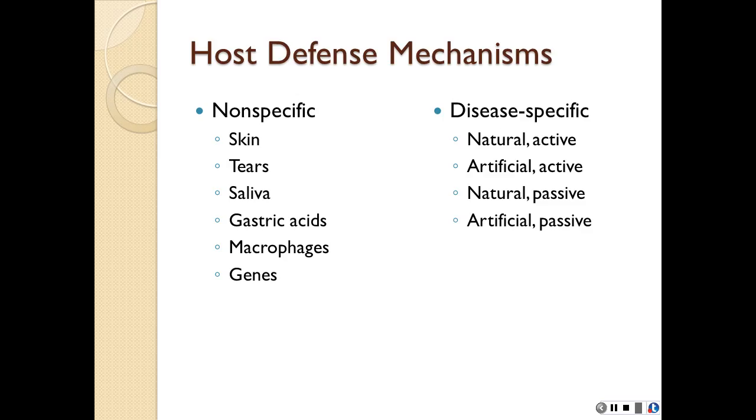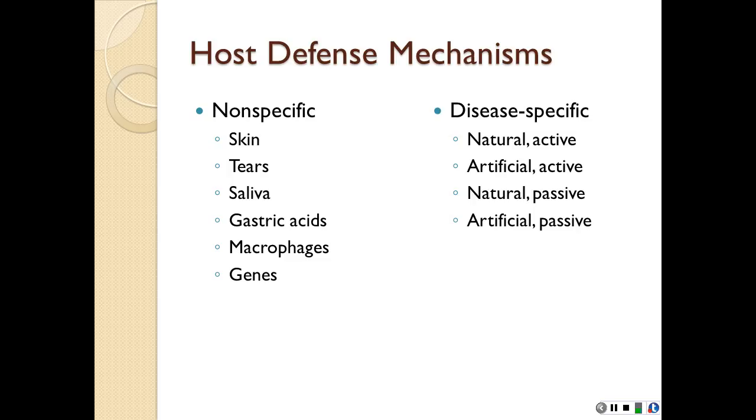Now, we, and every animal, have host defense mechanisms. We have ways to try to not get the infection. These can be divided into non-specific and disease-specific. Non-specific are the defense mechanisms that in general try to keep germs out. So you have skin so that germs don't get into the rest of you.